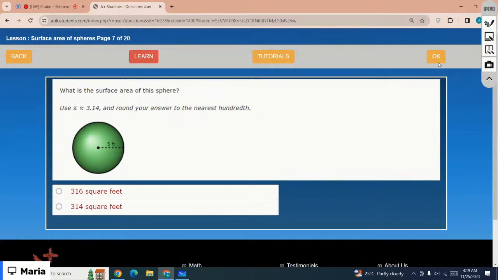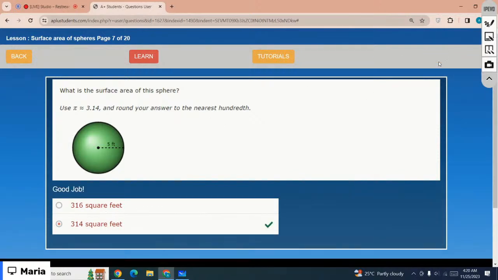So the correct option is, radius given is 25, right? Yes, that is 314 square feet. Option number 2 is the correct option, right?